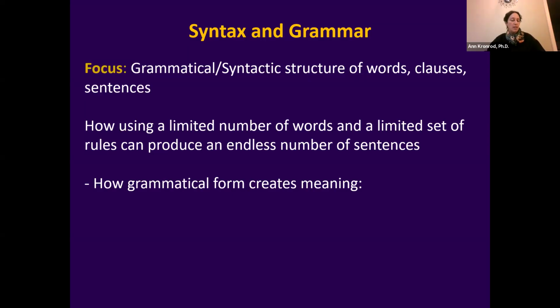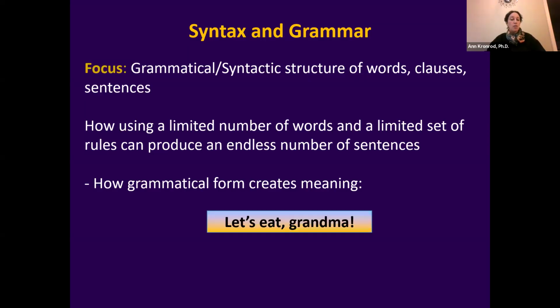So with syntax and grammar, we're thinking about how grammatical rules can create meaning. For example, if we think about punctuation, it really matters. This small comma that you have here really matters, right? If you say, let's eat, grandma, or let's eat grandma.